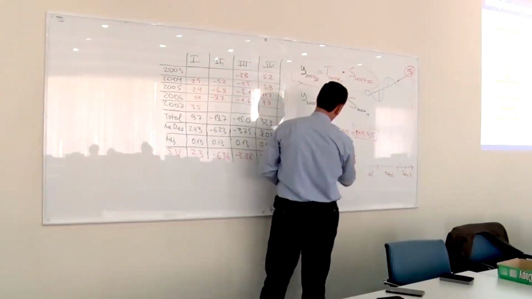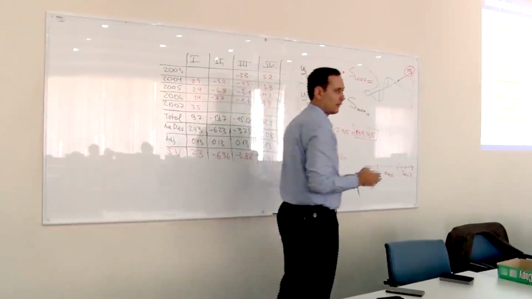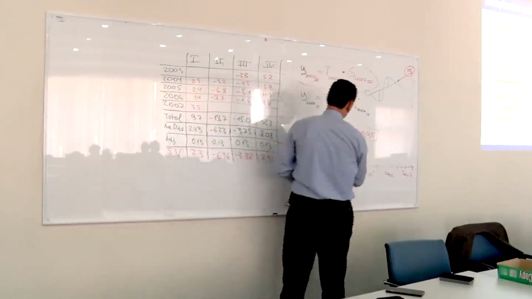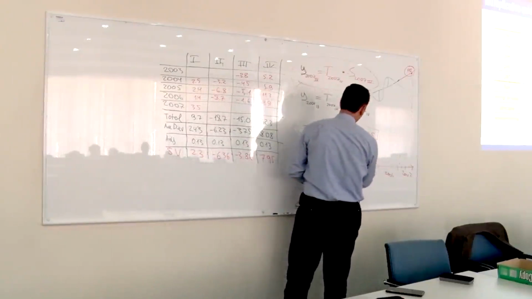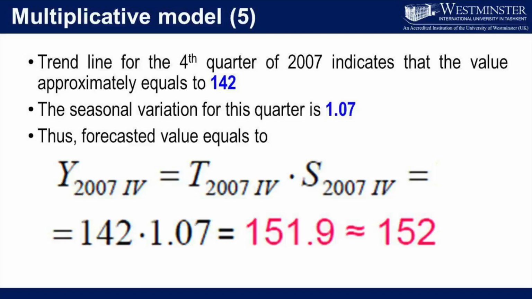And the answer would be 151.94, which is almost equal to 152. Okay, so you got a little bit larger number than the previous one, just because you used a different model. Okay?